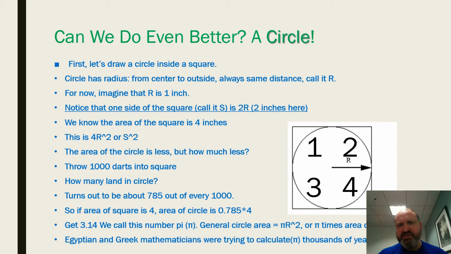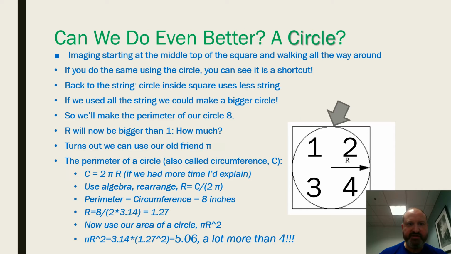So let's just go one step further. So now we know how to figure out the area of a circle, and we understand where pi comes from. But let's go back to our earlier question of how come a circle is a more efficient use of space, use of area? How does a circle make the best area given that we have a finite piece of string or a finite amount of material?